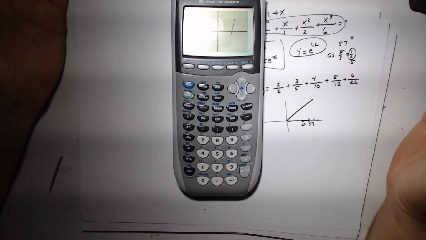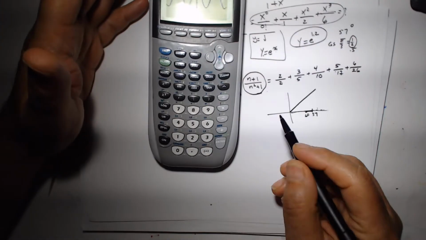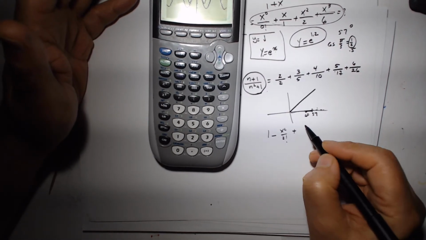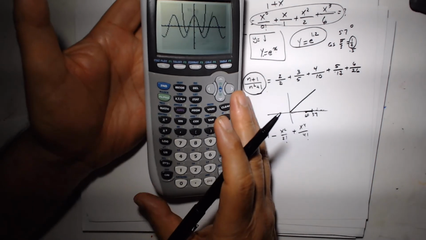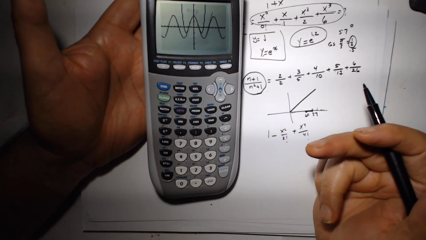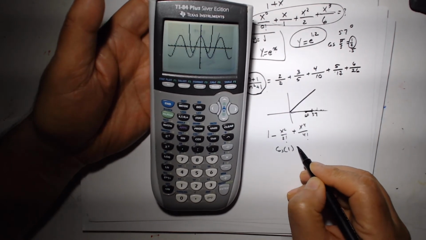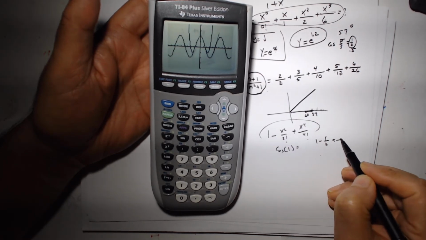I'm going to graph it. Ooh, I have 1 minus x squared over 2 factorial plus x to the power of 4 over 4 factorial. Look at how beautifully that polynomial matches the graph of a cosine. Therefore, if I want to find cosine of 1 radian, I put my 1 right here, and I get 1 minus 1/2 plus 1/24.